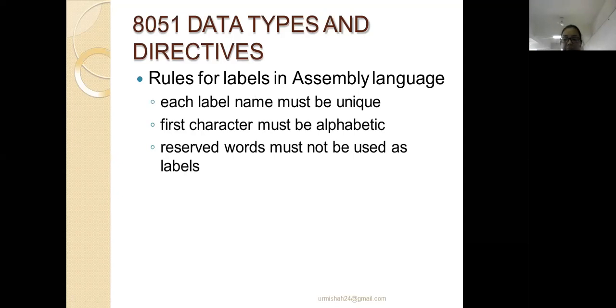For example, if I have a mnemonic name of addition, you cannot use ADD as a label name because it is already stored as an instruction name in the 8051 memory. So reserved words should not be used.